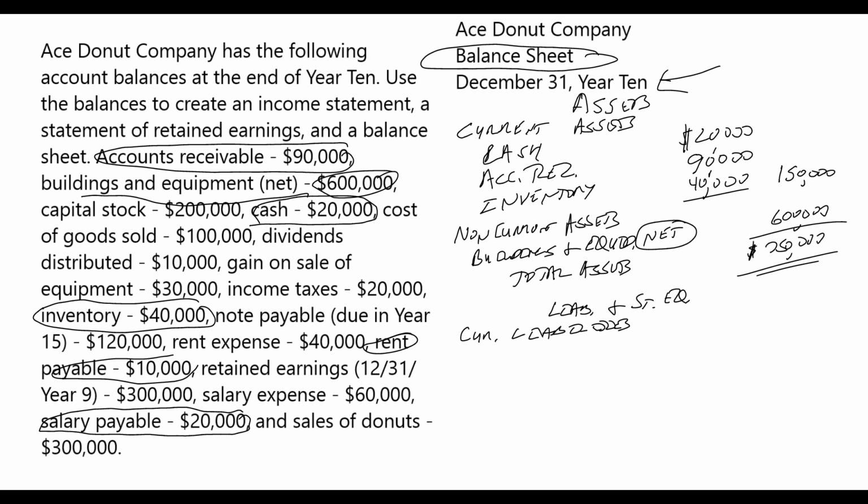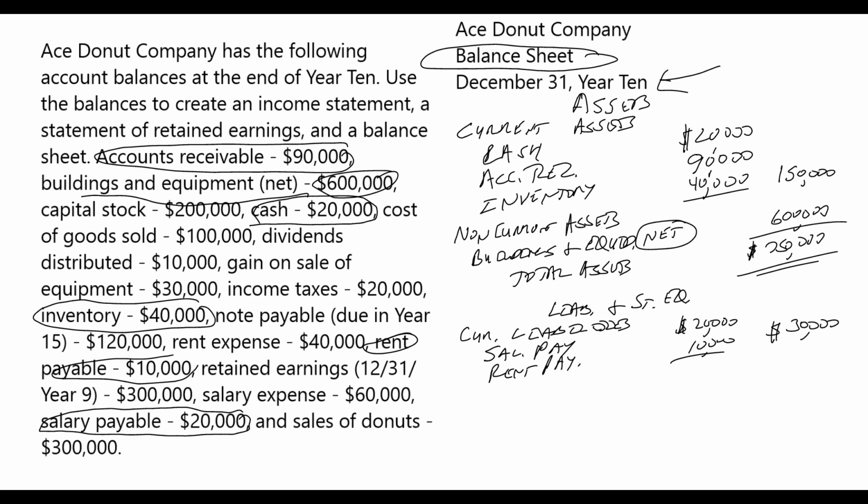So we'll list our two current liabilities. Salary payable is $20,000. And then we'll list our rent payable, and the rent payable is $10,000. So you have total current liabilities, things that have to be paid within 1 year, of $30,000. That's very interesting information for decision makers.